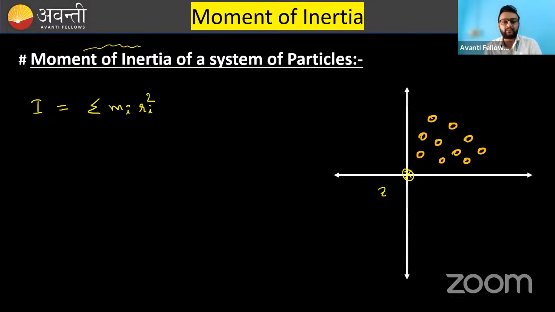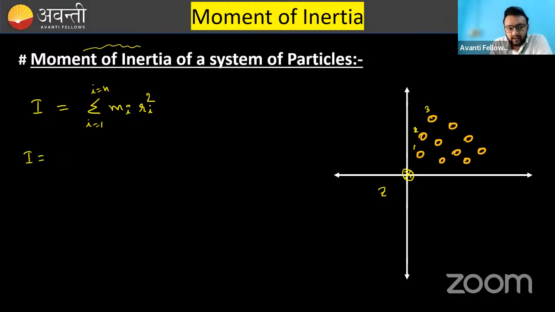ri is the perpendicular distance of that particle. It is from i equals 1 to i equals n. Now, this is just the formula. What I'm telling you, just listen to that. These are particles, let's suppose first particle, second particle, third particle. How do you write moment of inertia of this group of particles?